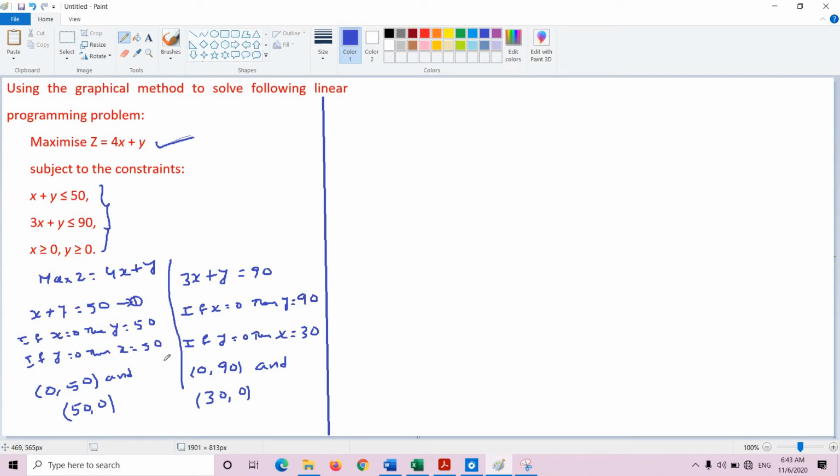In order to apply the graphical method, first we make an x-axis and y-axis. This is the y-axis, and this is the x-axis.